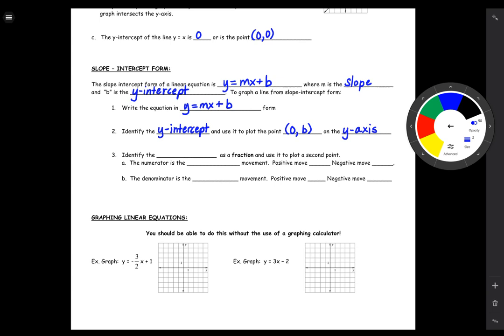Next, you're going to identify the slope. And remember, slope is m. As a fraction, and we're going to use it to plot a second point. The reason why we want to write it as a fraction is because it's rise over run. The numerator is the vertical movement, because remember, rise means vertical.